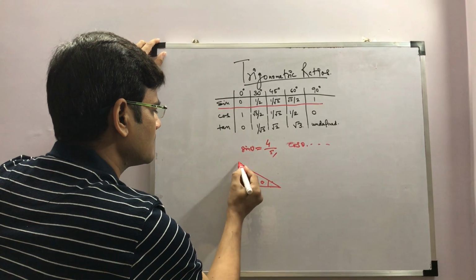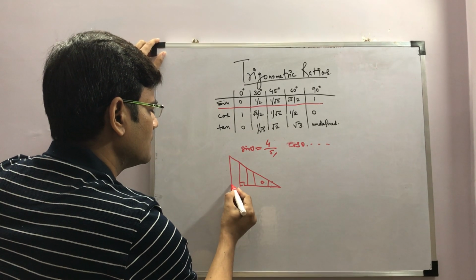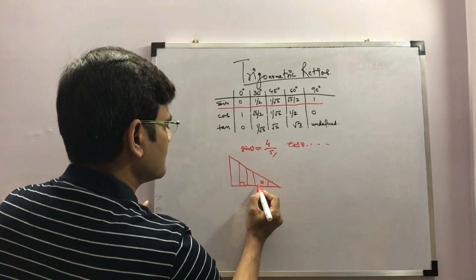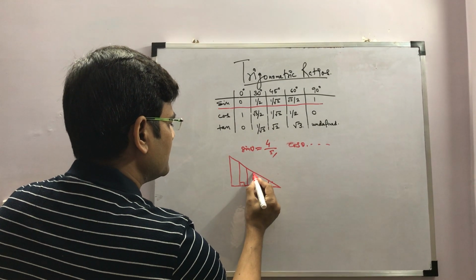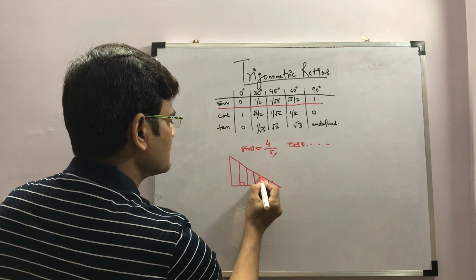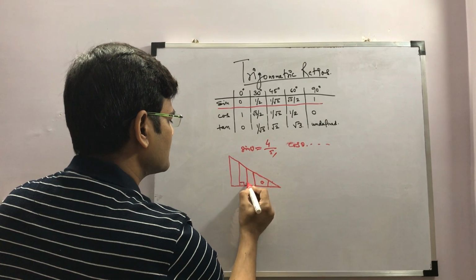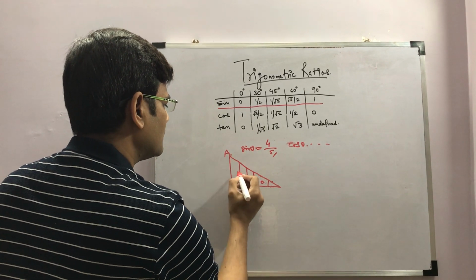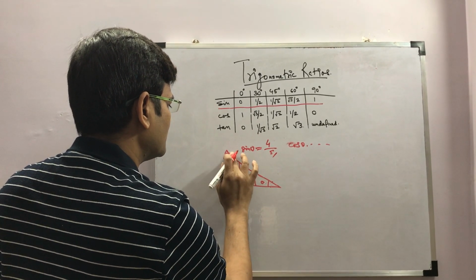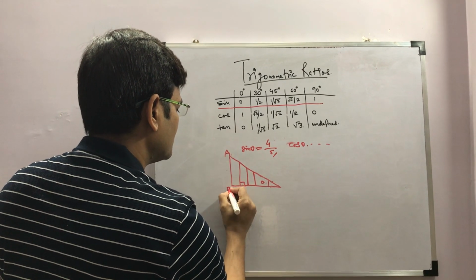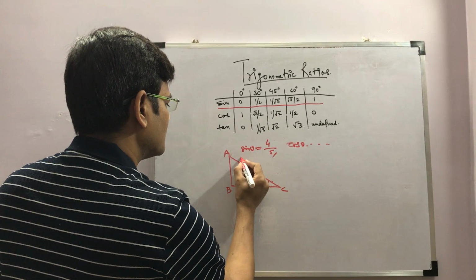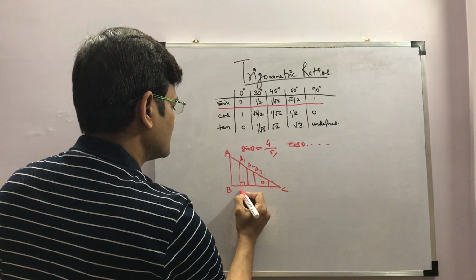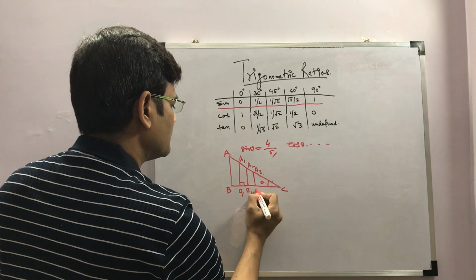Try to understand that. A trigonometric ratio means, with theta remaining constant, perpendicular by hypotenuse is always the same. So this is A, this is B, and this is C, with A1, A2, A3 and B1, B2, B3.